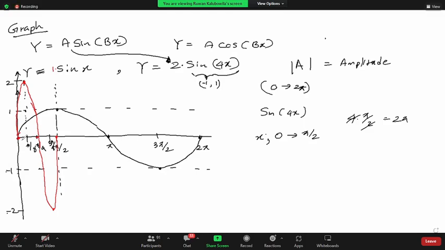So in here you can see the period is smaller than the original sine. I will use two terms, compress and stretch.